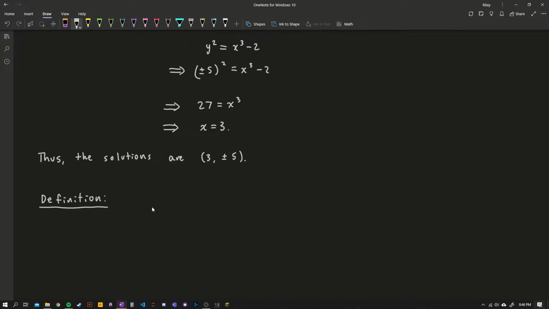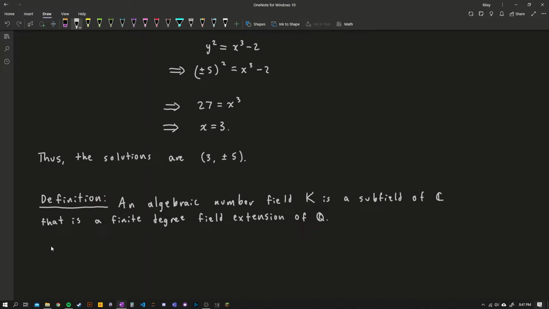Alright, so an algebraic number field K is a subfield of the complex numbers that is a finite degree field extension of the rational numbers. For some examples, we could have the rational numbers and adjoin the square root of 2. We could do the rational numbers and adjoin the cube root of 2.